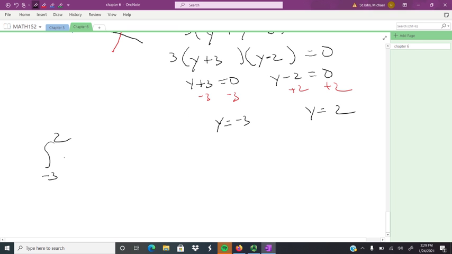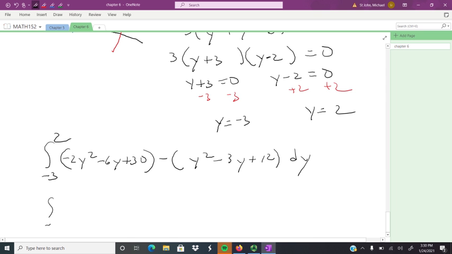And it's going to be the minus 2y squared minus 6y plus 30 minus the y squared minus 3y plus 12, integrating with respect to y. And again, we can do the math part and simplify this a bit. So this is a minus 3y squared minus 3y plus 18.